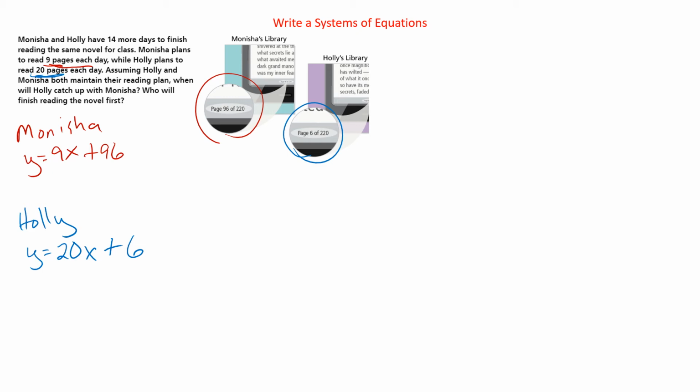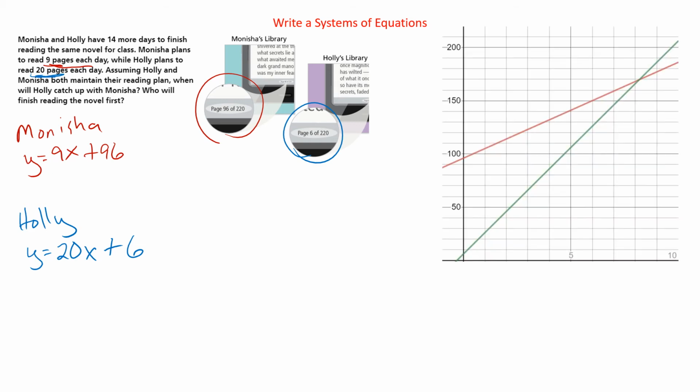They only have 14 days, so within 2 weeks they should probably catch each other, so the x value is not going to get too big. But this is a 220-page book. Monisha's y-intercept is 96 already, so that's already really big. You'd have to have a really big piece of paper to make this very accurate. But using technology, we can graph it.